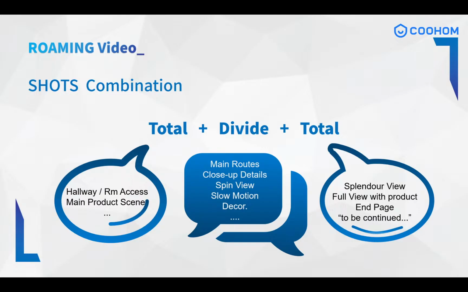But talking about the content arrangement, how can they show those things to the client, show the entire feeling? They have no idea. That's why we suggest you follow this really simple formula and then try your outcome. Okay, total, divide, and total.